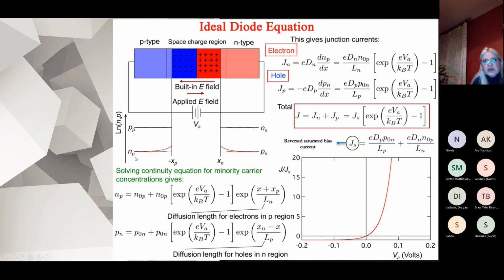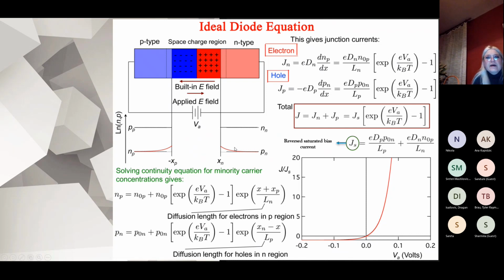These are basically the minority charge carriers in the p-type region. On the opposite side, in the n-type region, we're going to have a high concentration of electrons, and a very small concentration of holes in the n-type region.